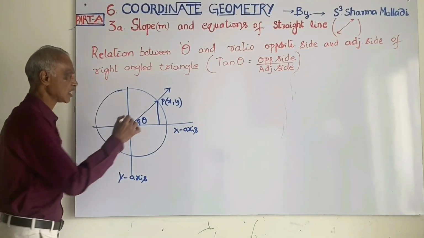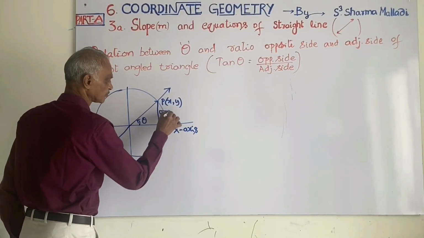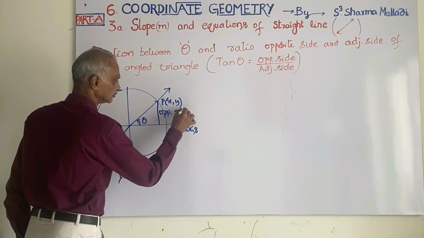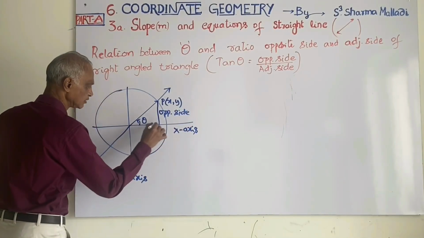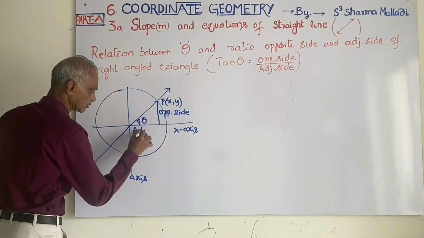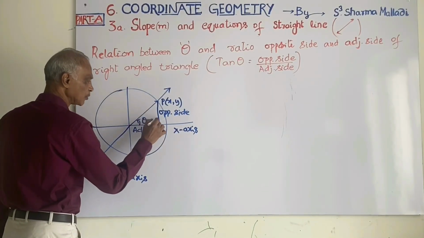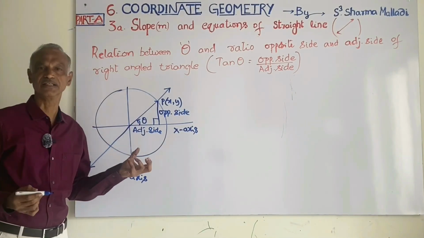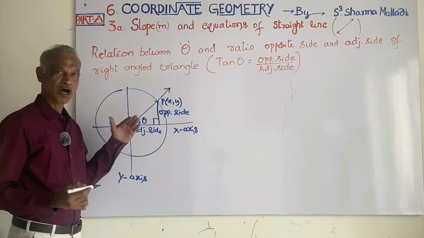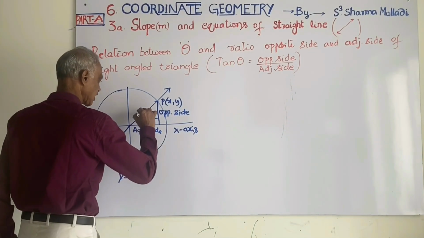Opposite to theta is the opposite side, and adjacent to theta is the adjacent side. Already I told you, and this is opposite to 90 degrees, the right angle. This is 90 degrees, and opposite to 90 degrees is the hypotenuse.